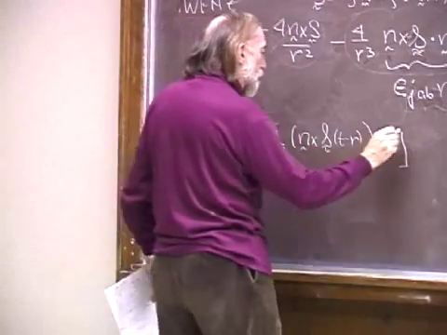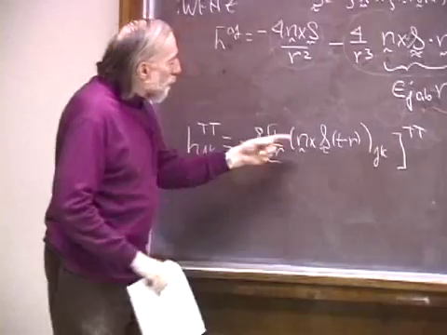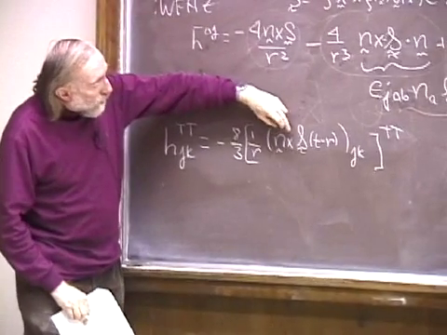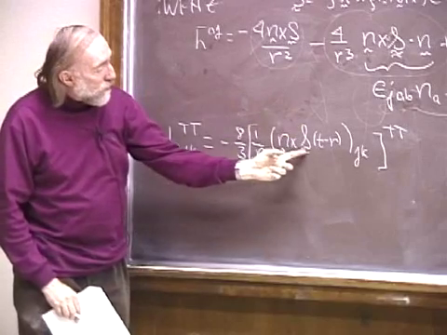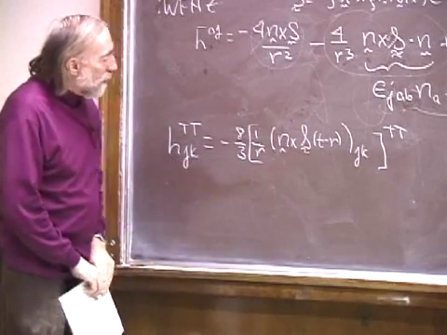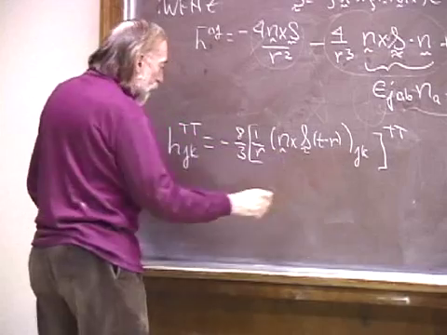transverse traceless. So on the first slot, or the first index of S, you take a cross product. But this has two indices, so there are two indices in the end, jk.